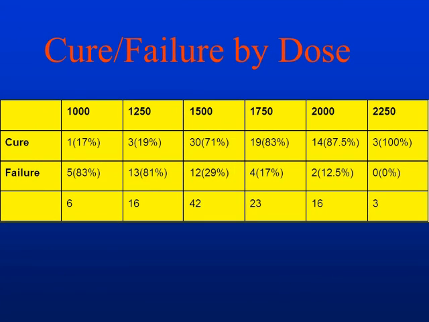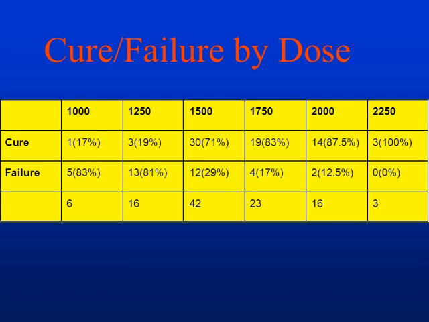If we look at the paper, you can see that below 1500 centigray, the cure rate is pitiful. So we almost never go below 1750 these days. We and everybody else didn't know this back in 1998. Actually, the experience here was interesting.